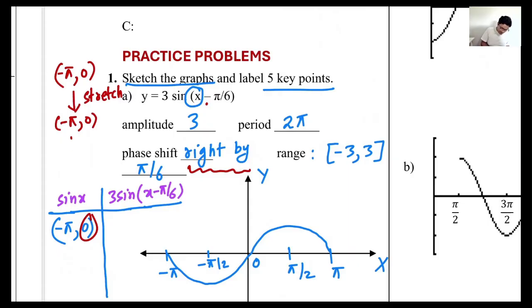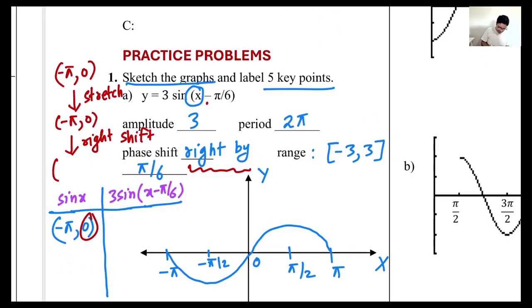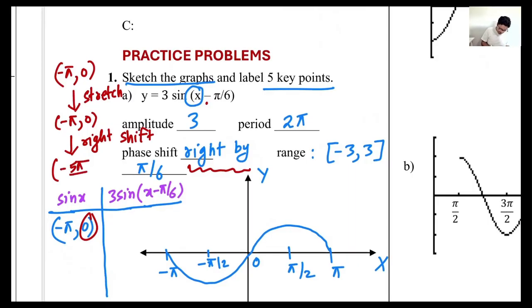That means now this is right shift here, and when you do that right shift, minus pi plus pi over 6, you will be at minus 5 pi over 6. Do the calculation, okay? Minus pi plus pi over 6 will be minus 5 pi over 6. So with that, like that flow chart, your original point minus pi 0 becomes minus 5 pi over 6 0 in the new graph.